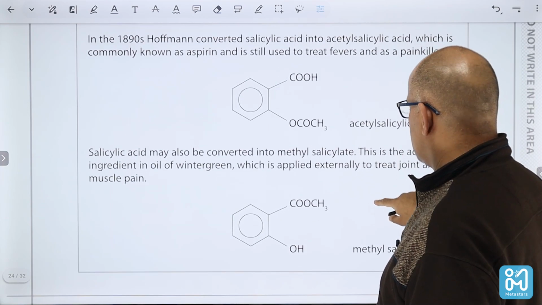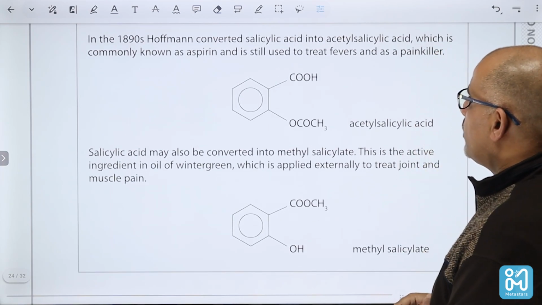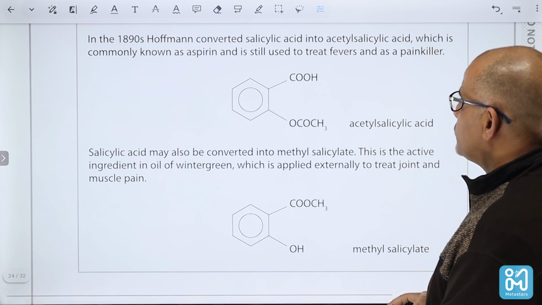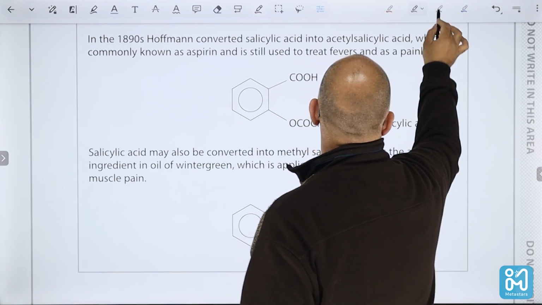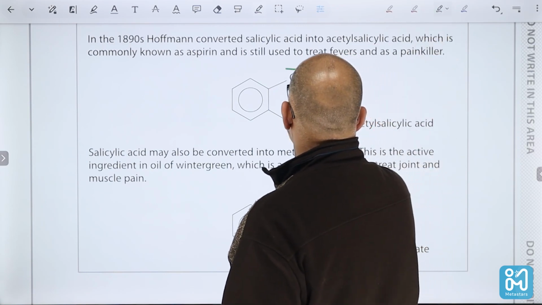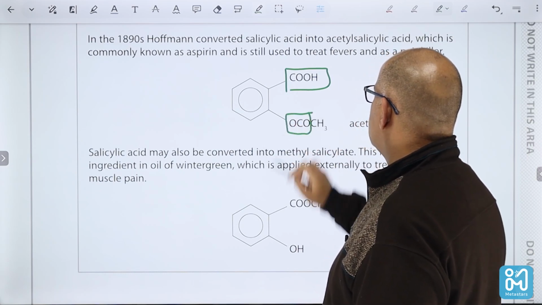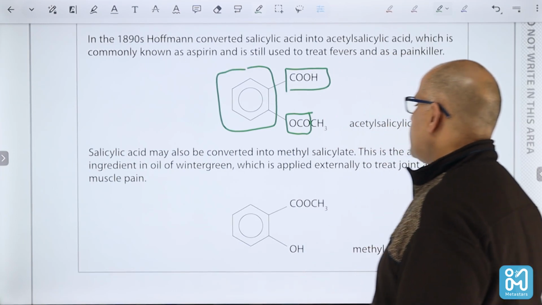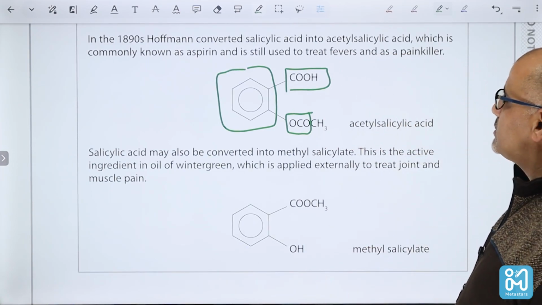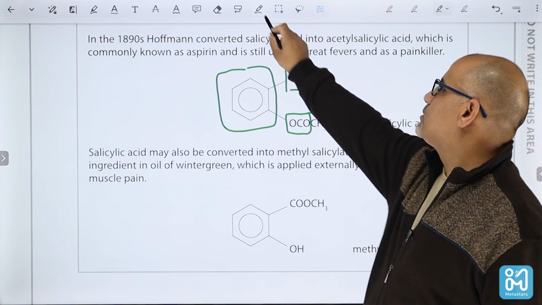That's the acetyl. You have a carboxyl group, you have an ester group, and the benzene ring. So the structure includes these. This is the carboxyl group, this is the ester group, and this is the aryl or the benzene ring group. Those are the 3 functional groups.